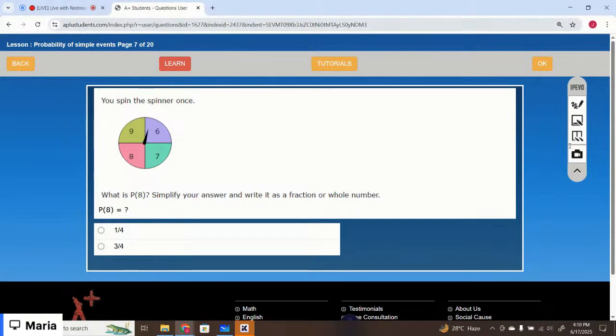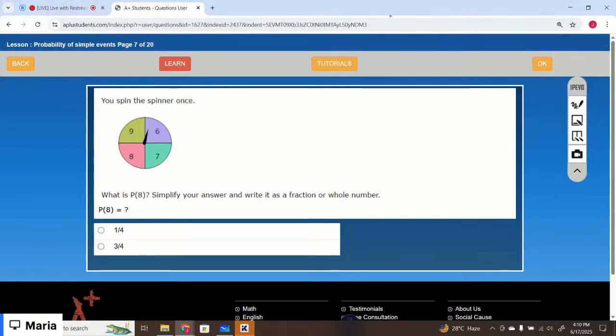You spin the spinner once. What is the probability of A? Simplify your answer and write down the answer. Very good.